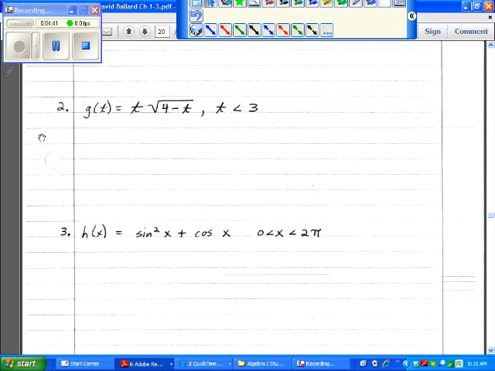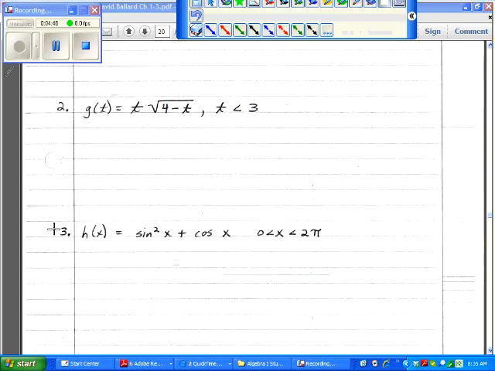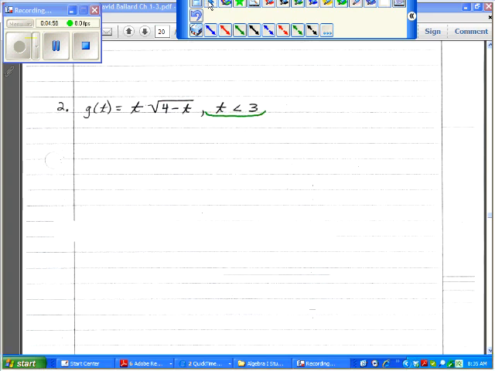Question number 2. We want to find the critical numbers, but it's giving us a certain interval.